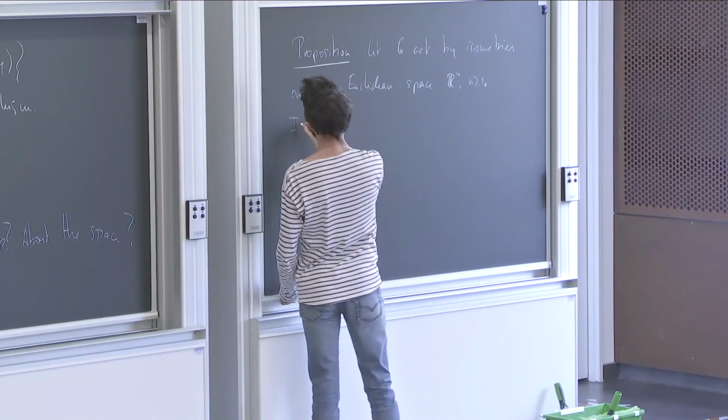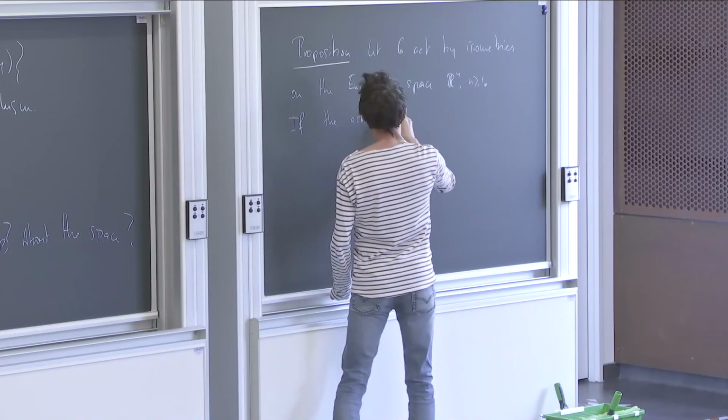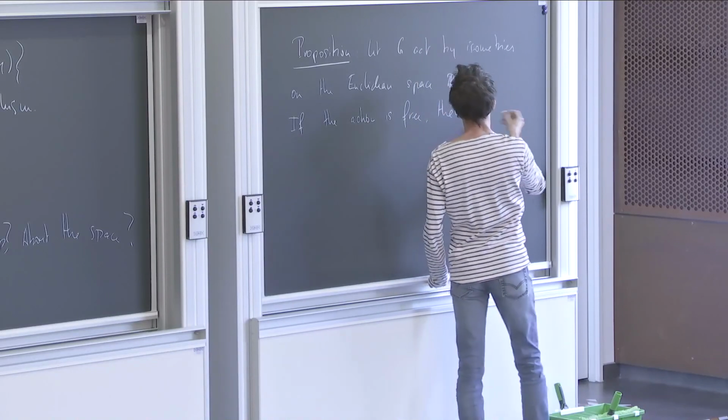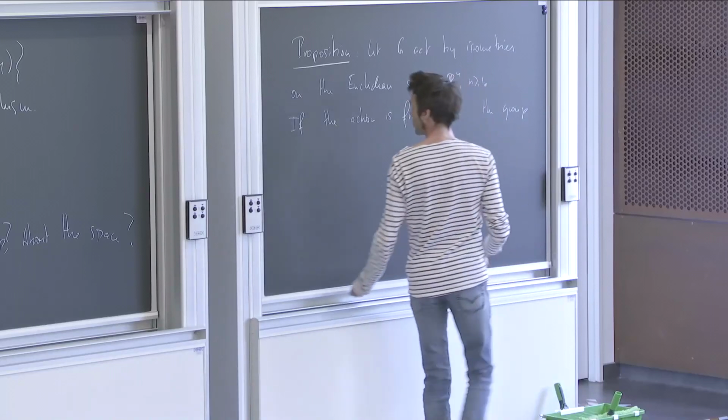If the action is free, then the group has no torsion.